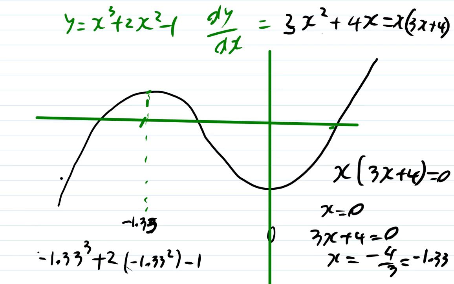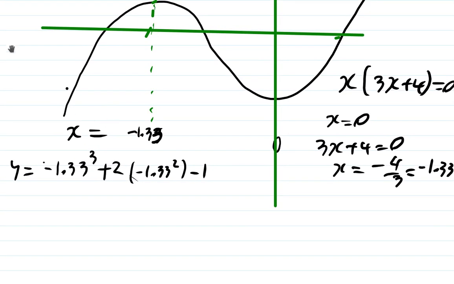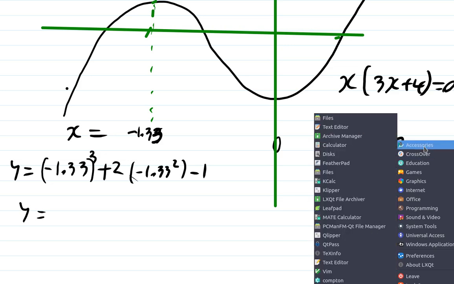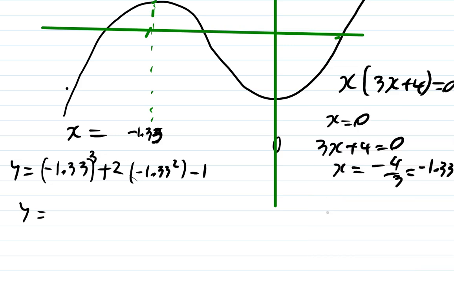So when x is negative 1.33, y will be equal to this. So y would be what? Now, I would have to use my calculator here.